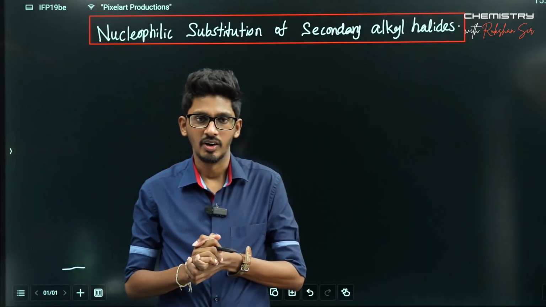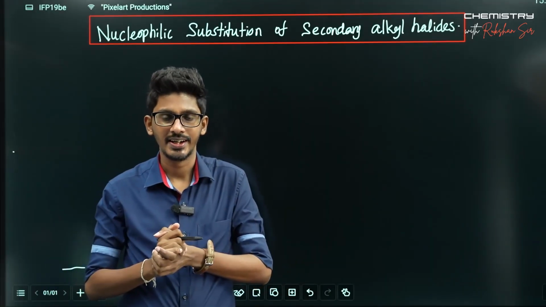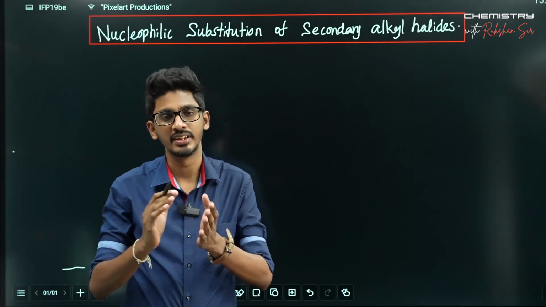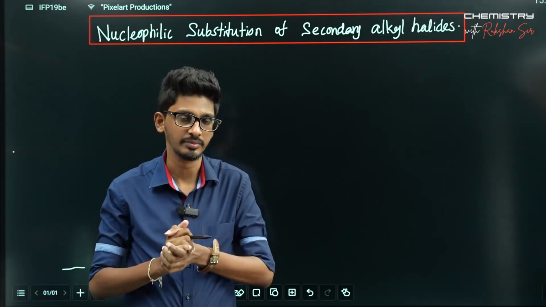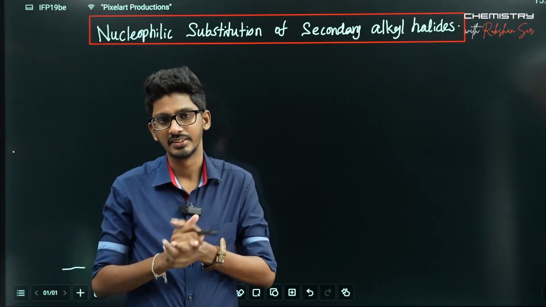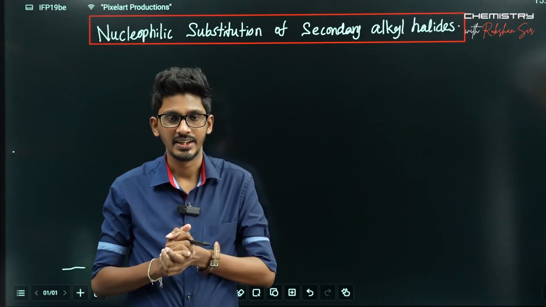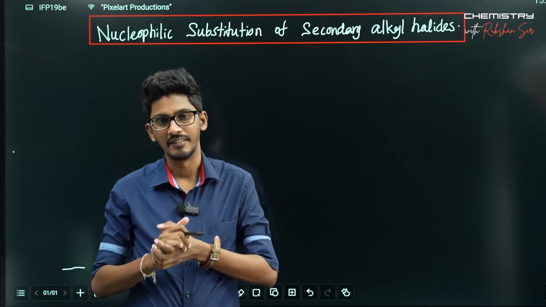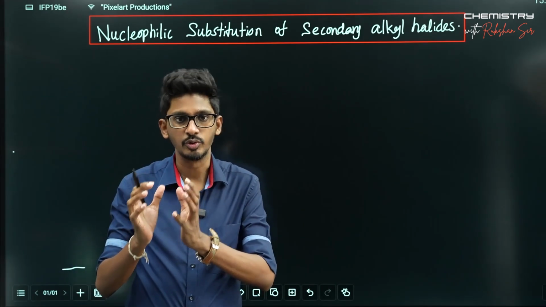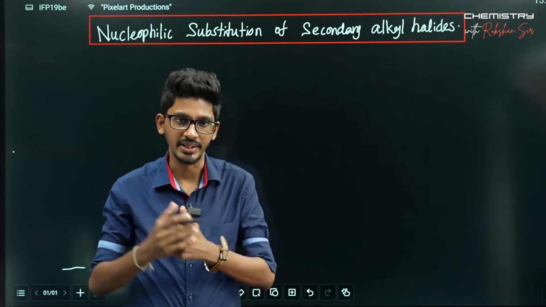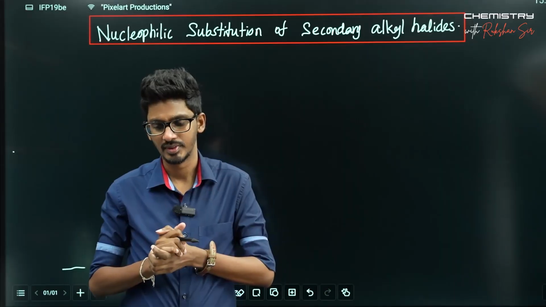right? Okay, let's discuss how to select which type of mechanism, the SN2 or the SN1. The SN2 is the one-step mechanism, SN1 is the two-step mechanism. Which kind will be preferred by the secondary alkyl halides? Actually, that will be decided by the reaction conditions. Whether your secondary alkyl halide goes through the one-step mechanism or the two-step mechanism will be decided by the reaction conditions, right?